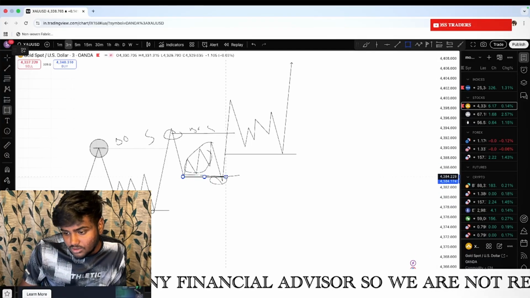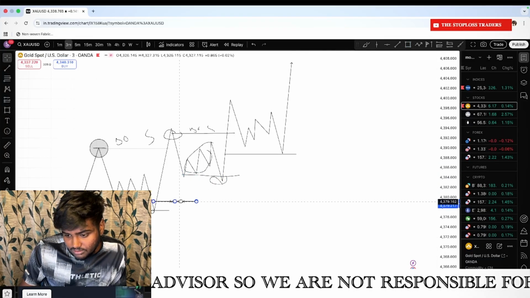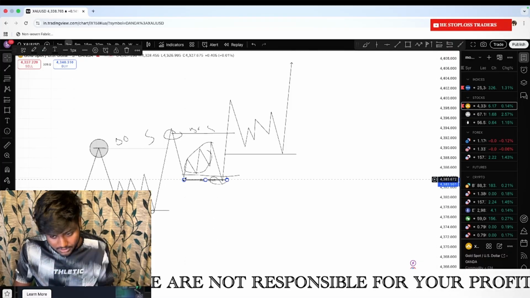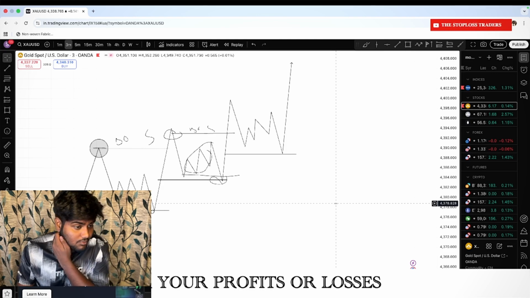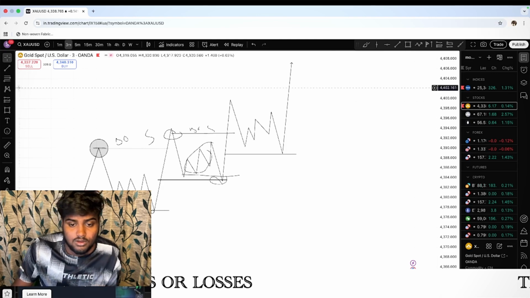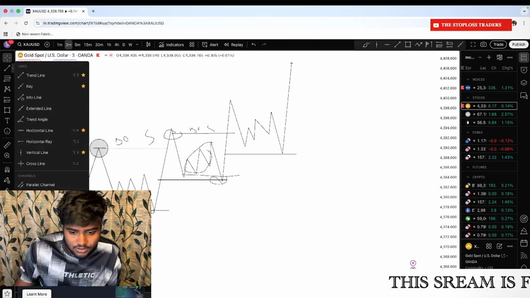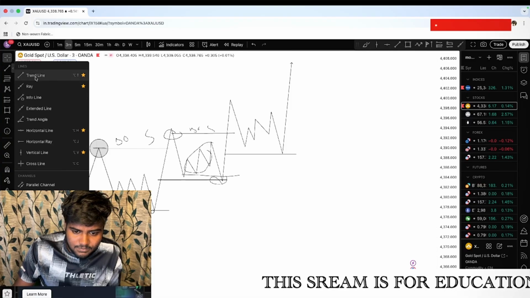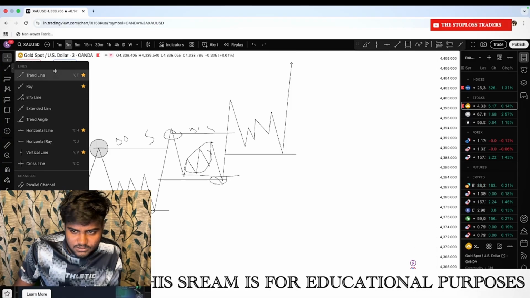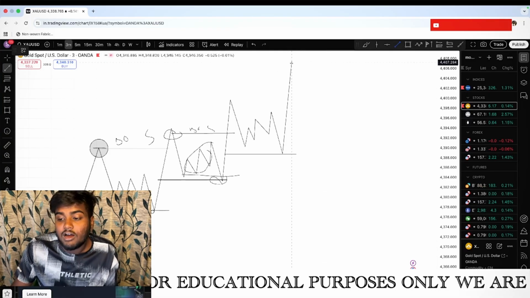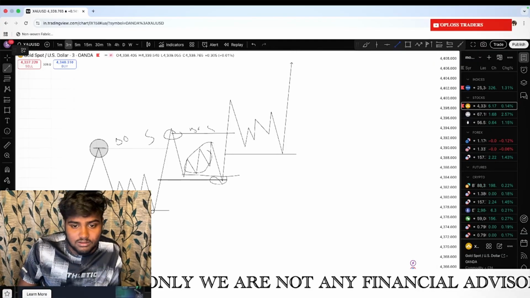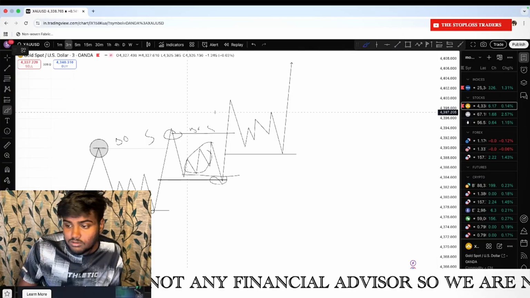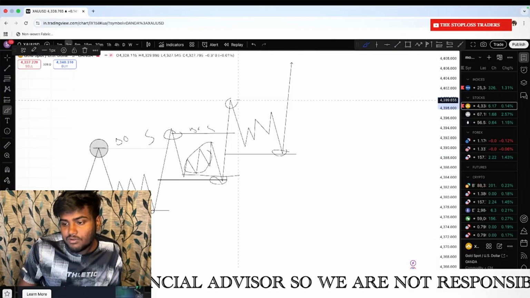First, I have told you about the break of structure. Now I am going to tell you about the change of character. Okay, so here, let me take a trend line. You can see that after this high, you get a confirmed low, this is a confirmed low, and this is a confirmed high.